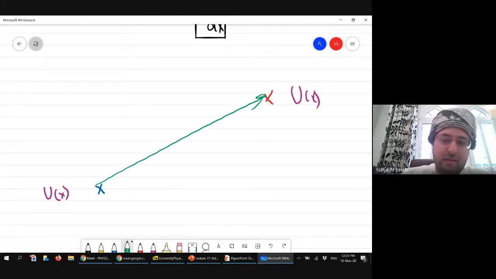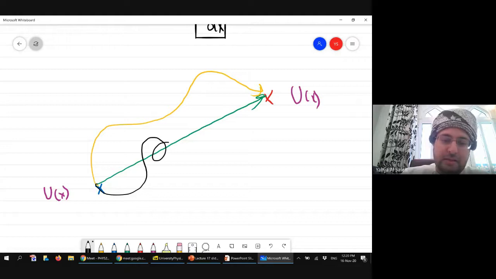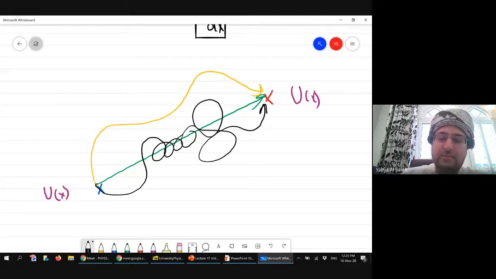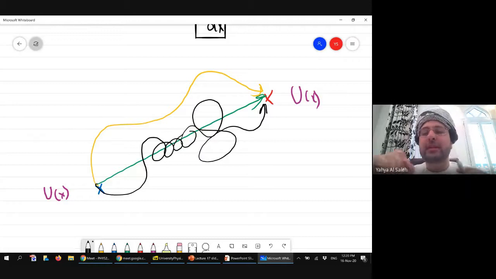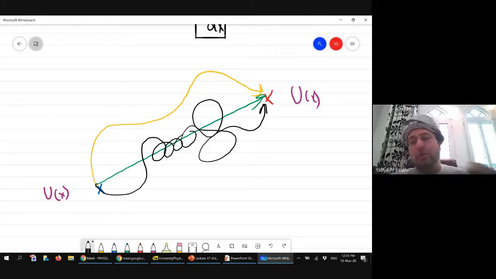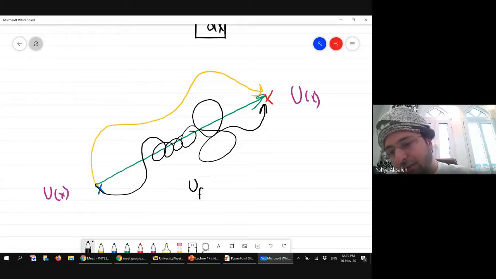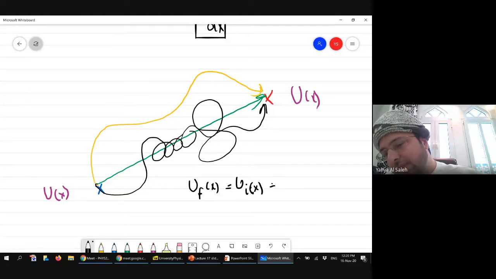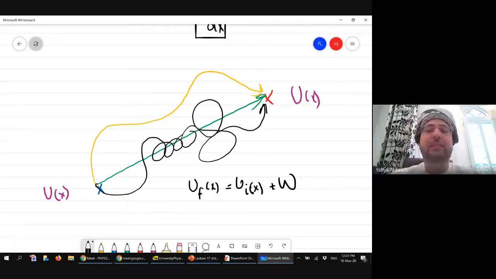I can take a straight path, I can take this path, I can take this path, and I would still end up with the same work done over this distance. So it is easy for me to say that U final of x is equal to U initial of x plus work done, because work is independent of path. But what if I have a non-conservative force where each path has a different value? What would the result of that be?